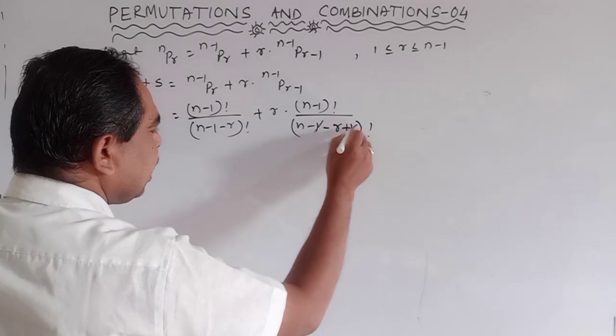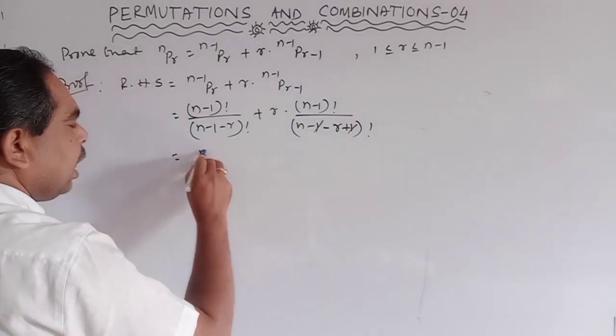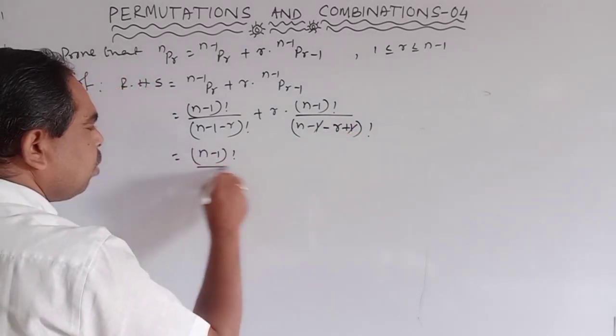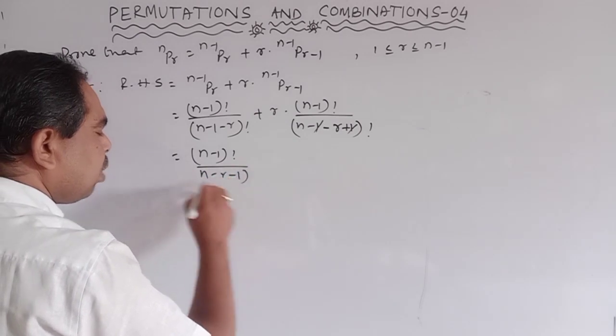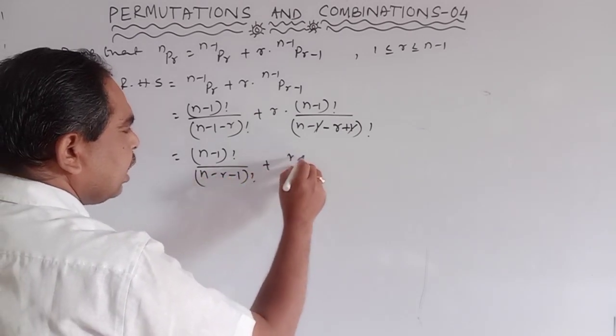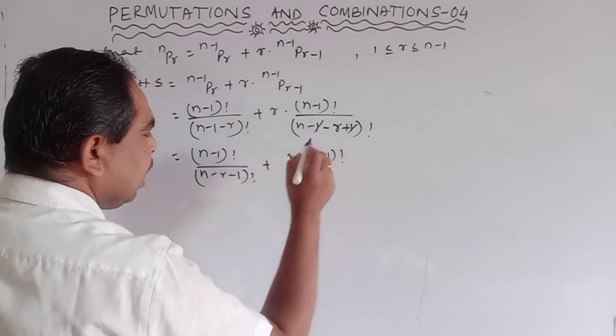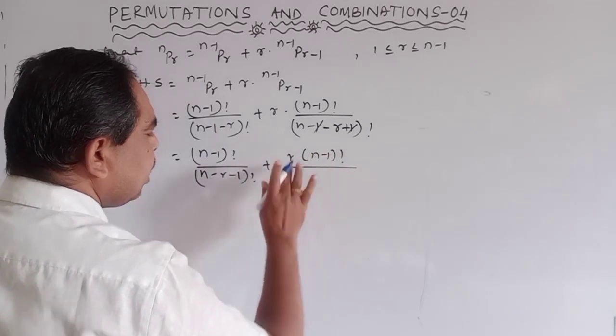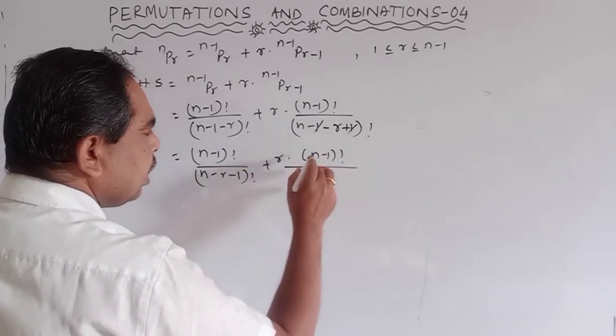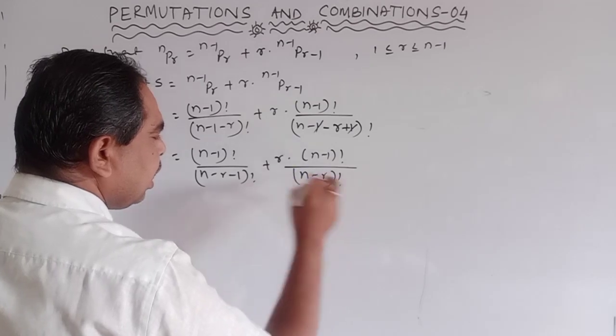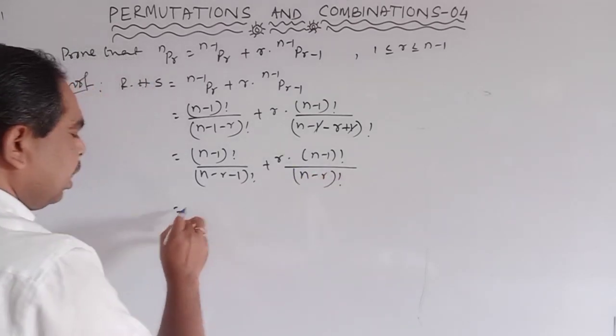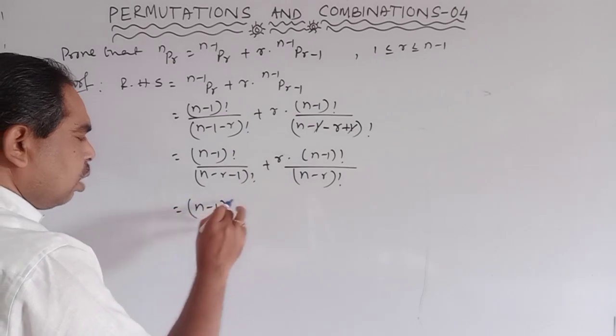Okay, one cancels, so it is (n-1) factorial divided by (n-r-1) factorial plus r into (n-1) factorial divided by (n-r) factorial. Here (n-1) factorial is common.